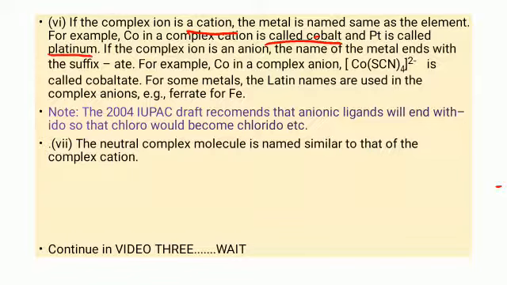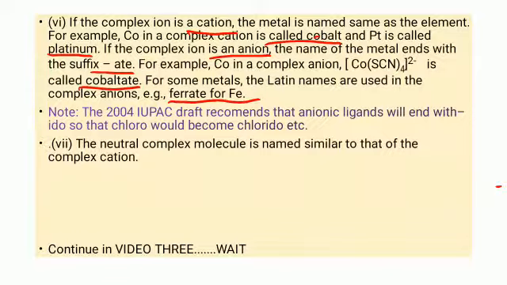If the complex ion is an anion, the name of the metal ends with the suffix "ate". For example, cobalt is called cobaltate. For some metals, Latin names are used in the complex anions, for example, ferrate for Fe. You have to learn these specially.